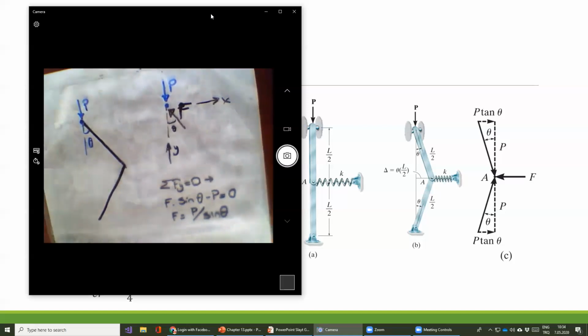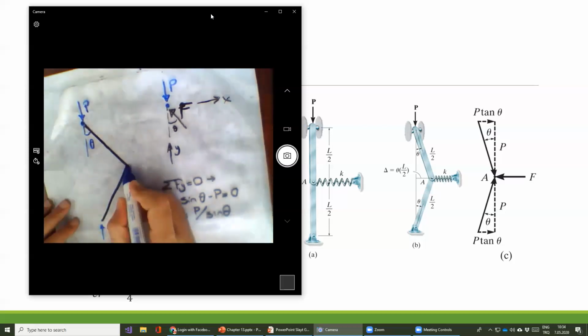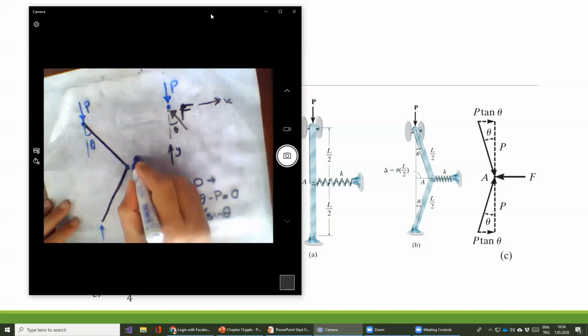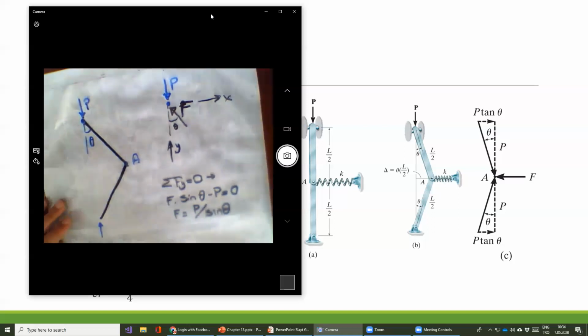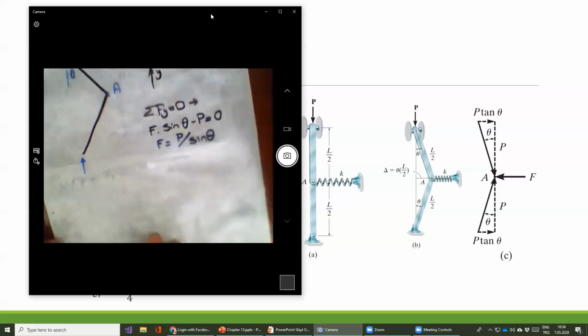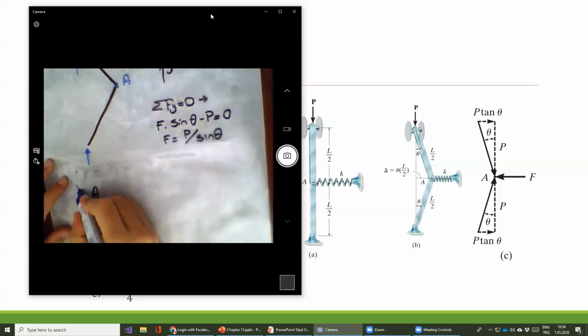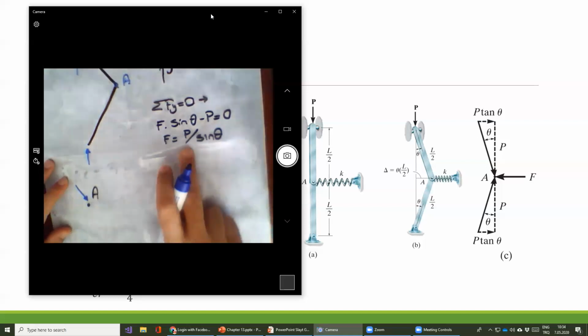Also, due to symmetry and equilibrium, we have a P force here, and therefore an additional F force here. I also want to write the equilibrium at point A. Here is point A. We have two forces here. The first force is F. What is the value of F?